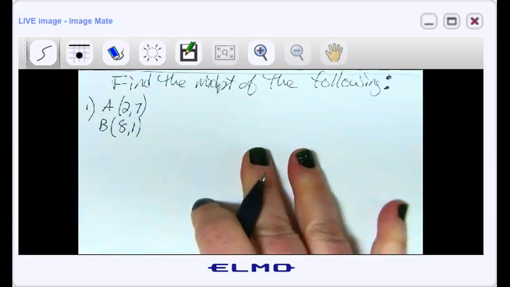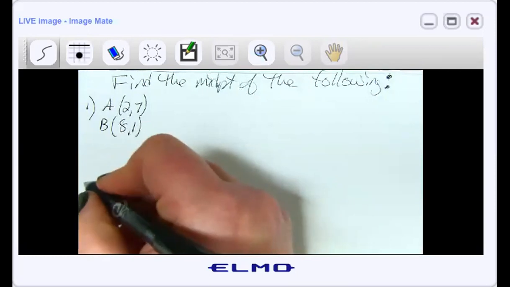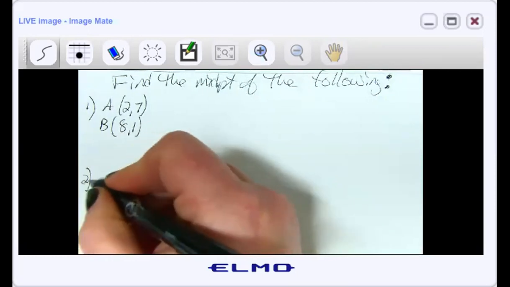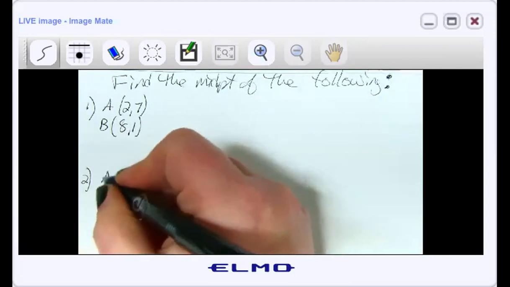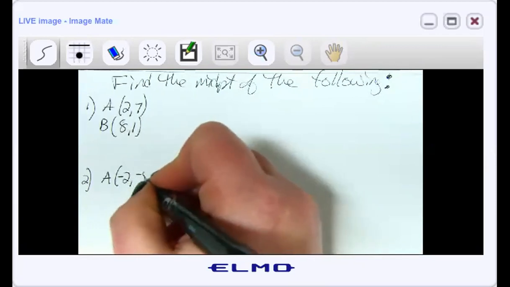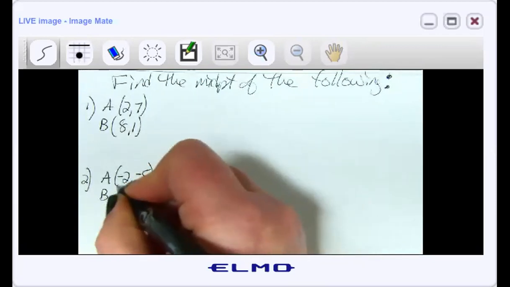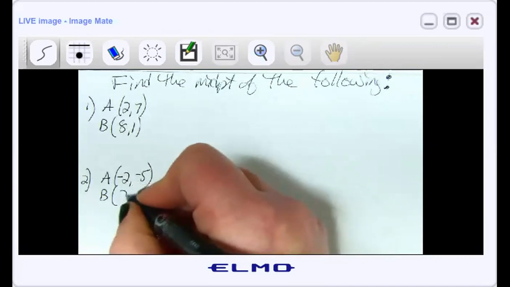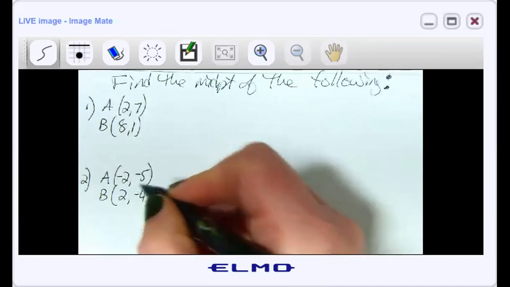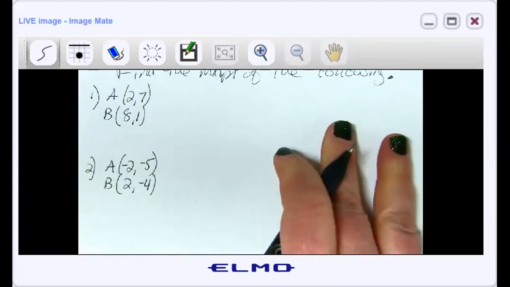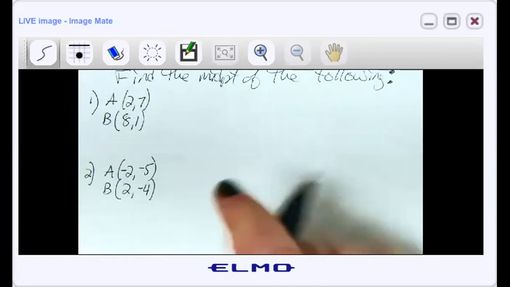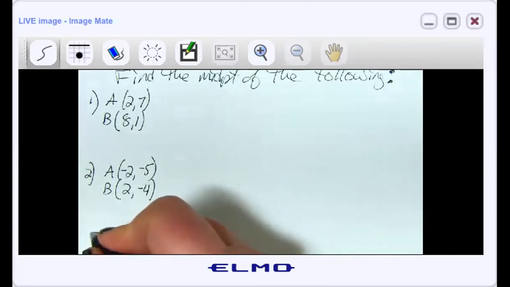We're going to step it up a notch with the second one. For your second, I would like you to try having A at -2, -5. And B is now at 2, -4. And then for your third one, number 3, let's see if I can get this in here without running out of space.